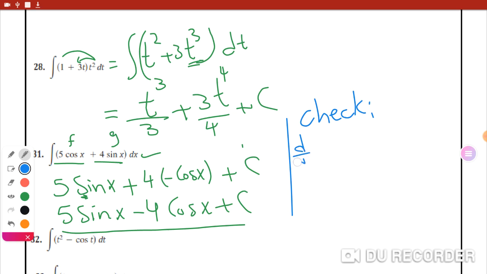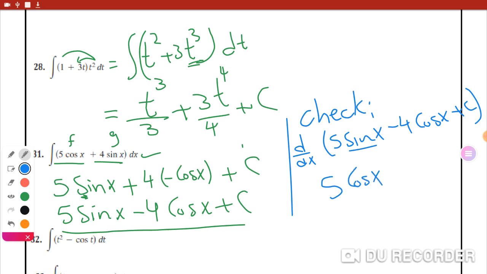Find dy by dx for this function, 5 sine x minus 4 cosine x plus c, with respect to x. How to differentiate? 5 multiplied by the derivative of sine, cosine x. I told you before that the derivative of a trigonometric function which has the part co has a negative result. Here, the function I differentiate, cosine, has co, so the result of differentiation has negative.